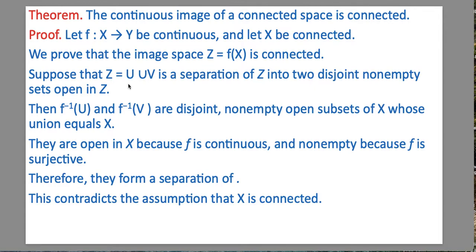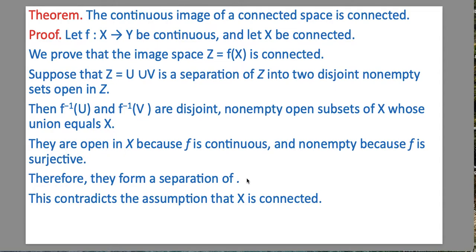Suppose that Z is equal to U union V is a separation of Z into two disjoint non-empty sets open in Z. It means f inverse U and f inverse V are disjoint non-empty open subsets of X whose union is equal to X. They are open in X because f is continuous and non-empty because f is surjective.